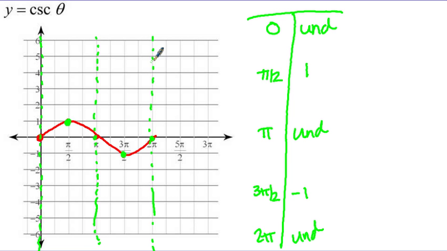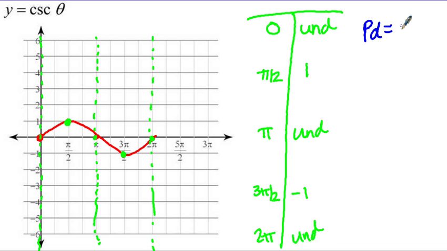So now I'm going to start talking about some of the changes that are a little bit different in cosecant. For cosecant, we go back to having a period of 2 pi because it is the reciprocal of sine. Now, instead of our interval being our period divided by 4, our period is going to be divided by 8.